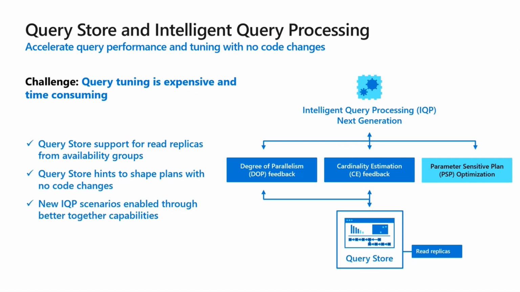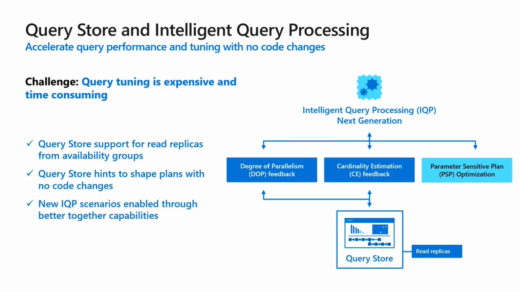Well, now in SQL Server 2022, all this, the DOP and the CE hints, are being done by the engine. What does it mean? For every single query running in our user database, SQL Server will identify if either the DOP or any specific hint is better for our execution.